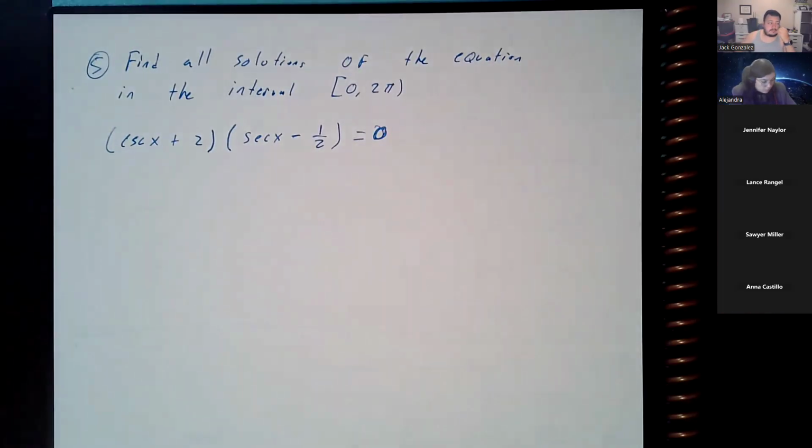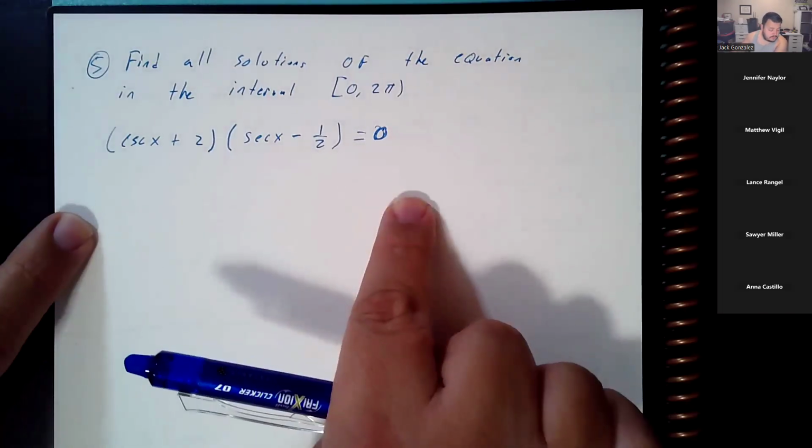Or how would you approach it? Will we treat them as separate equations the same way when we deal with factoring polynomials? Yeah, pretty much. Treat it exactly the same. So basically you're solving two separate ones at the same time.